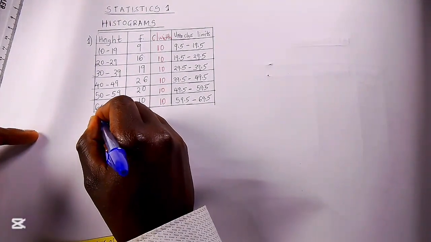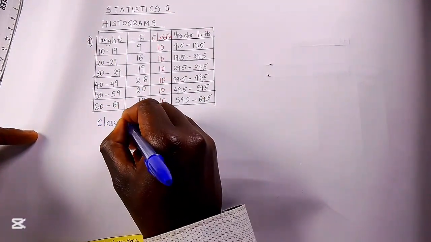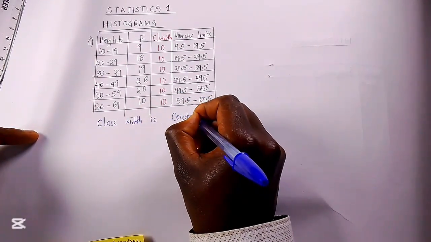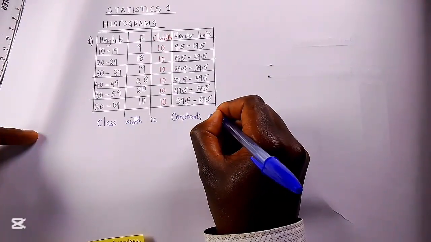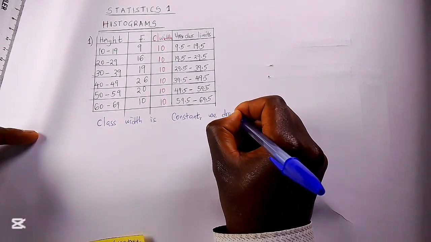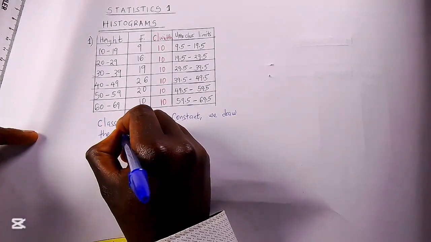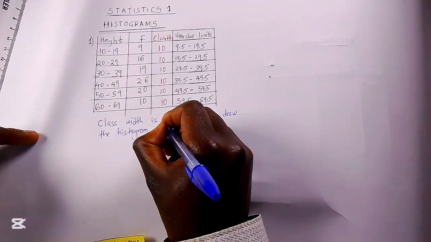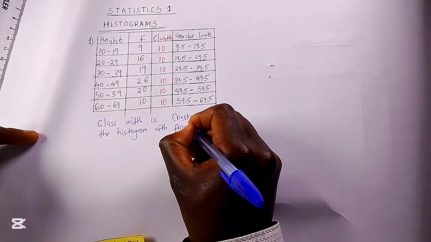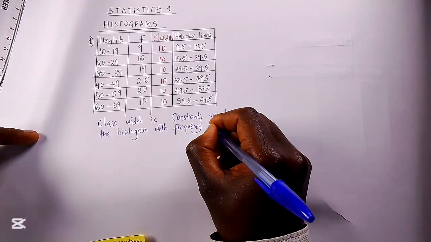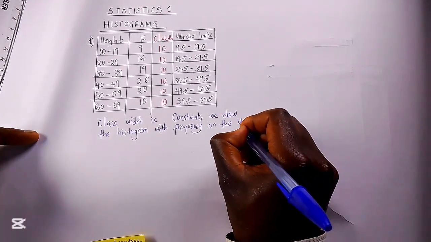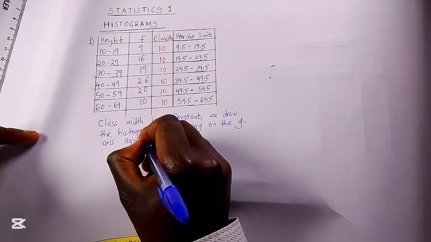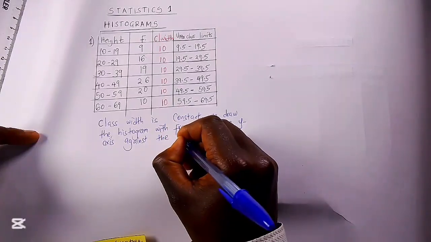When the class width is constant, we draw the histogram with frequency on the y-axis against the upper class limits.